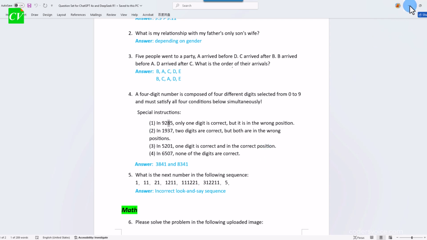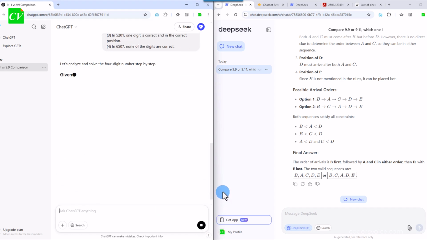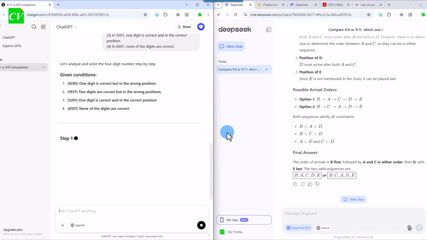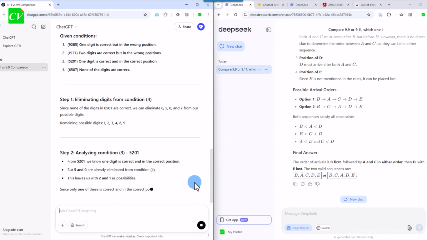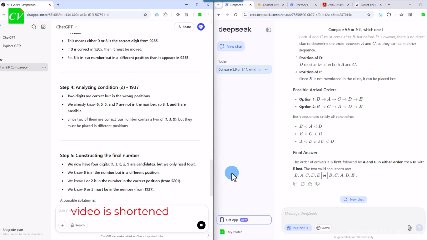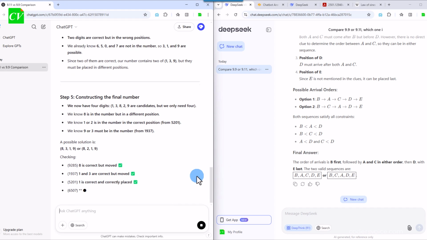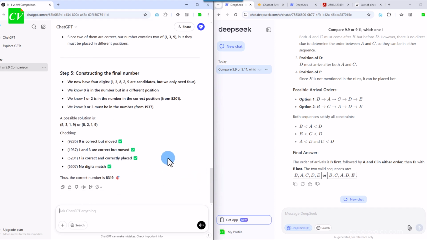Now let's take a look at how the 2 models answer them. Okay, now ChatGPT gives the answer H319.